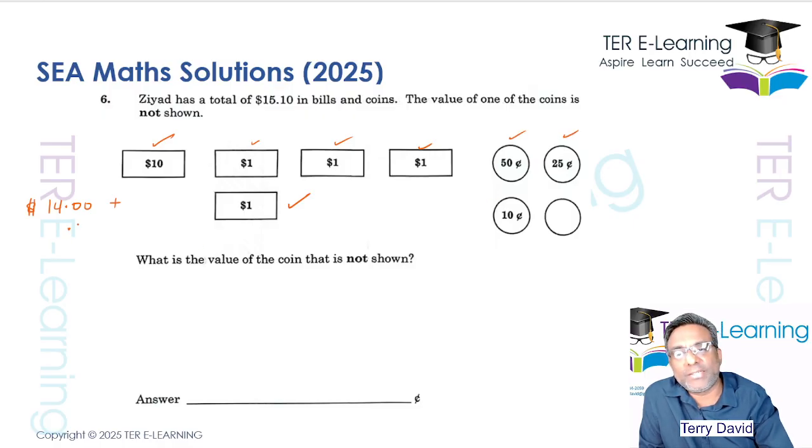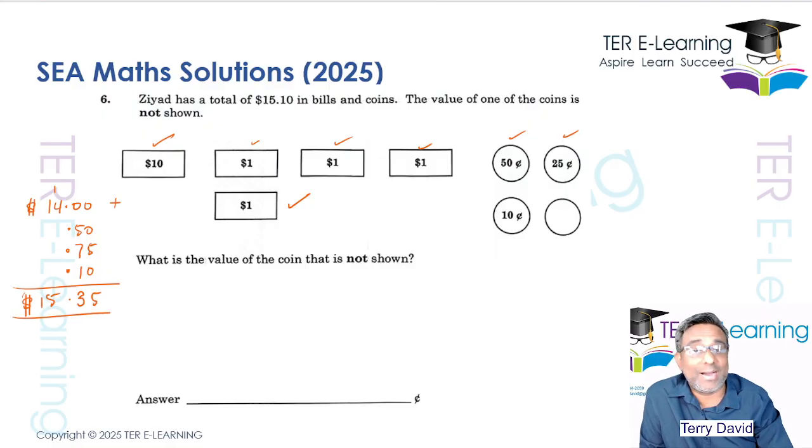So we have 50 cents, 75 cents and 10 cents. So what I'm going to do is add up all the money that we do have. So that's 5 here, 7 and 5, 12 and 1, 13. So that's going to give me 1535. So that's how much money I can identify.